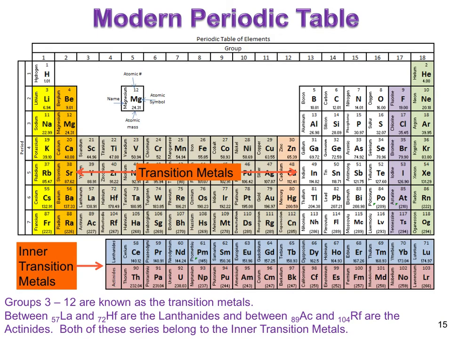The transition metals are those metals that occur between groups 3 and 12 inclusive.